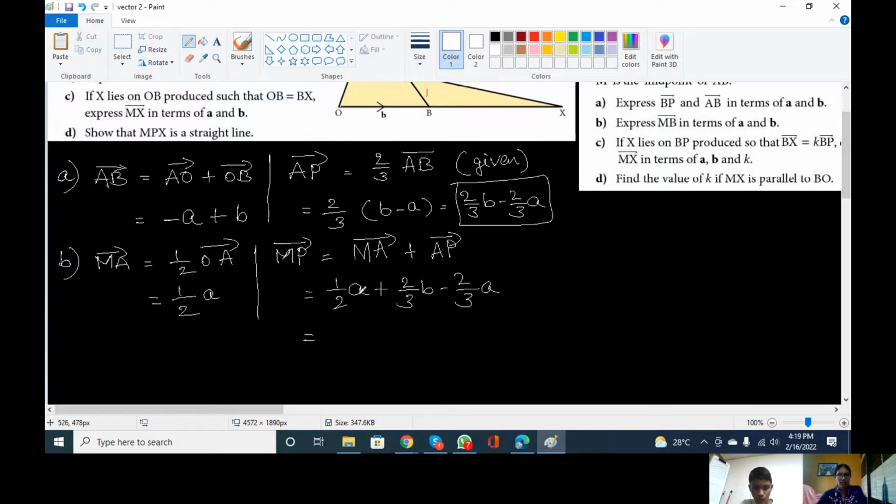If you take out A as a common factor, here you will get 1/2 minus 2/3, plus 2/3 B as it is.